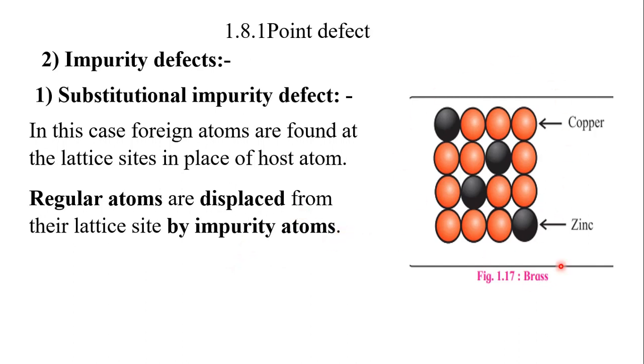So in this picture, the impurity atom is zinc and the regular atom, that is the host atom, is copper. So copper atoms are displaced by zinc atoms. Then such a type of defect is called what? Substitutional impurity defect. In this crystal lattice, substitutional impurity defect is present.